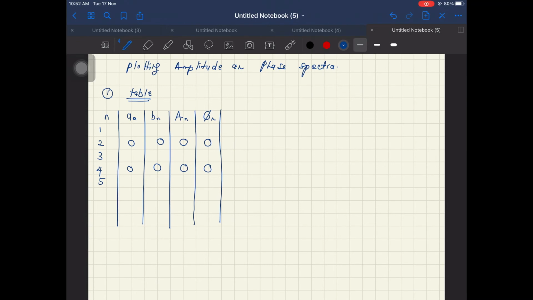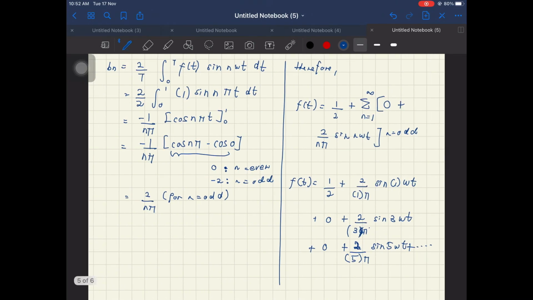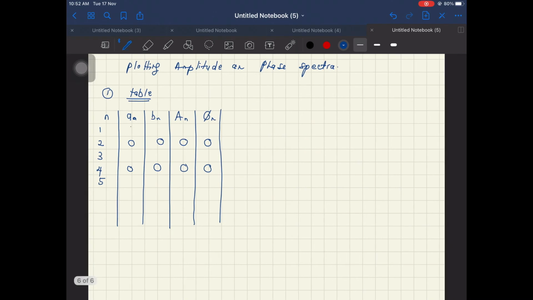And then now we are going to find the capital A_n. So we do know that the value of a_n is actually 0. So that's why we put 0 here. And then b_n.